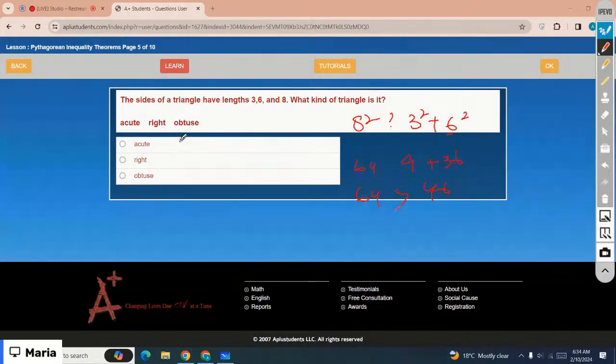That means that is the obtuse triangle. Got it? That is the obtuse triangle.